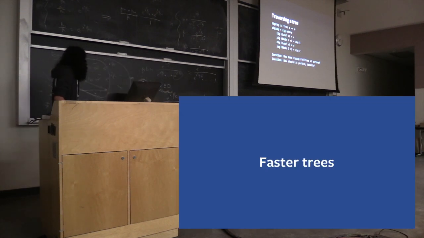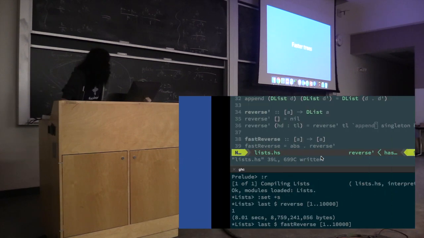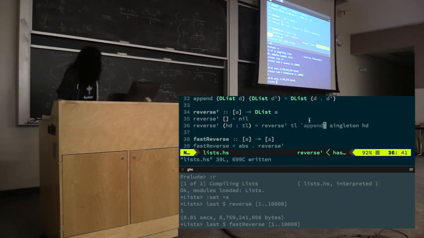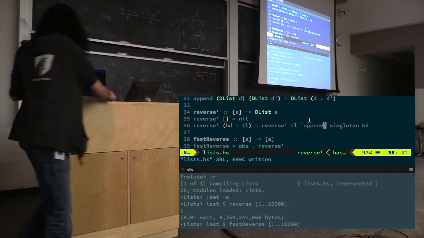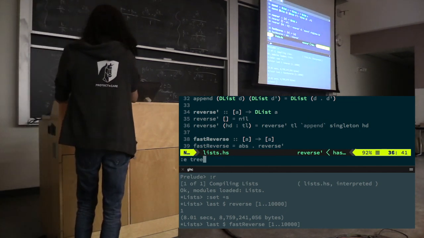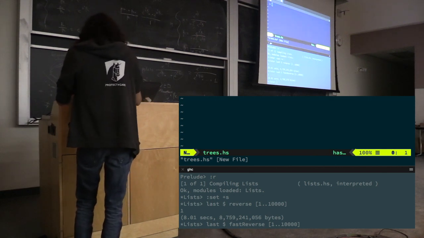And so instead of this being linear, it's going to be quadratic. And I can actually show a demo of that. Let's start a trees file.